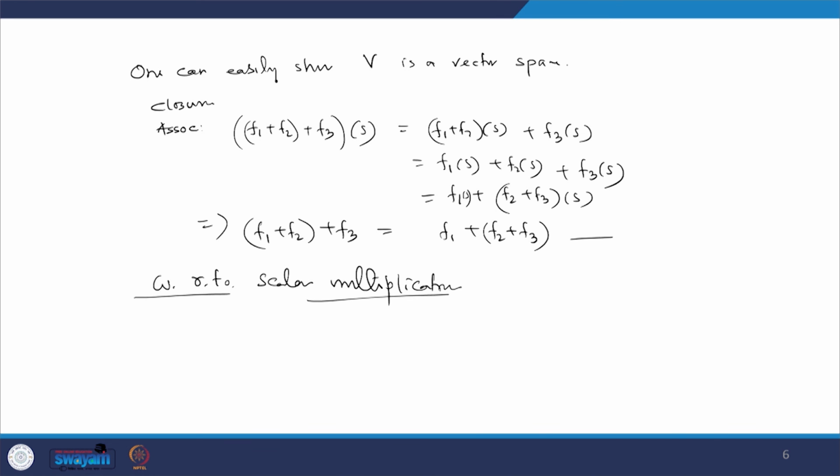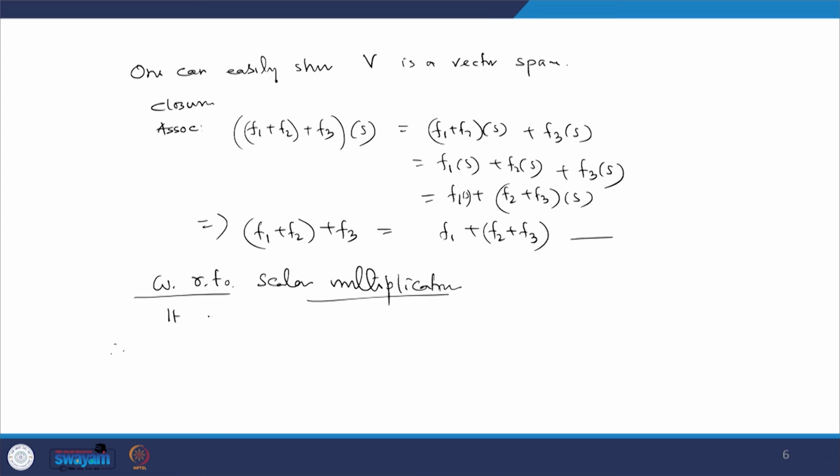We can also check the 4 more axioms with respect to scalar multiplication, which also hold good for the given set of vectors over the given set of scalars. So, this is also a vector space. It satisfies all other axioms of a vector space.